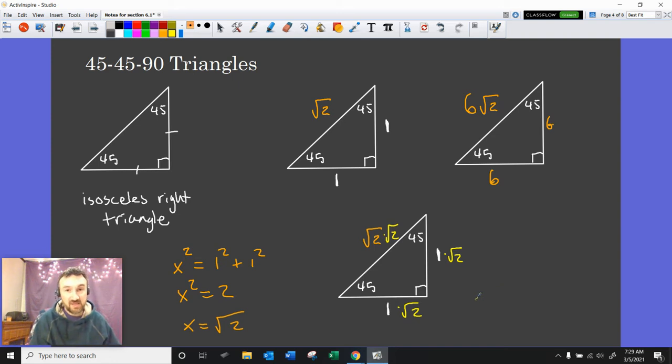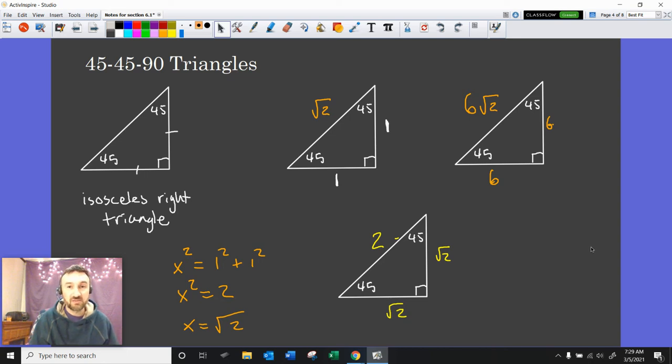And what I hope you can see is that along the hypotenuse, you'd have a whole value of 2. And then on the other two side lengths, you just have a square root of 2. I can clean that up and move these around just a little bit for you. But these triangles that I've drawn here are all the same shape.